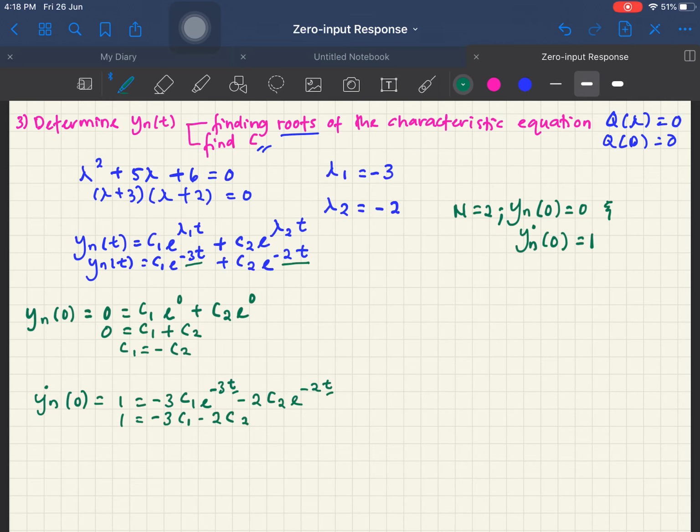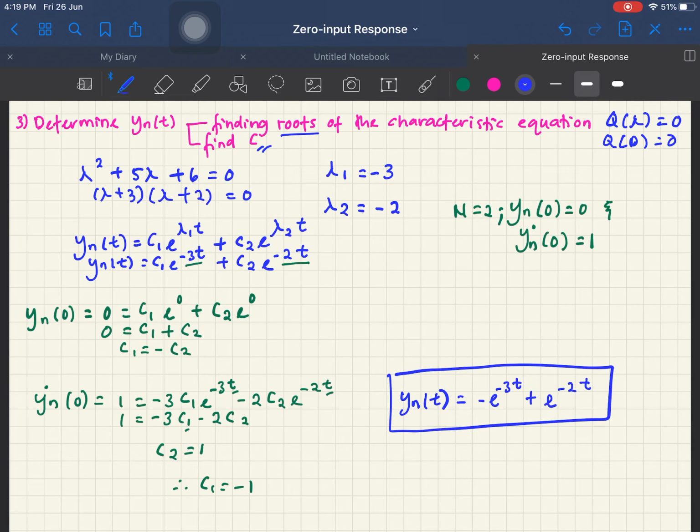Since c1 equals minus c2, we get c2 equals 1, which means c1 is minus 1. So yn of t equals minus e to the minus 3t plus e to the minus 2t.